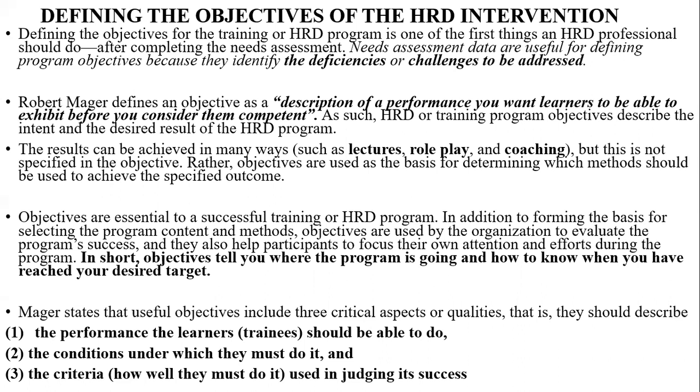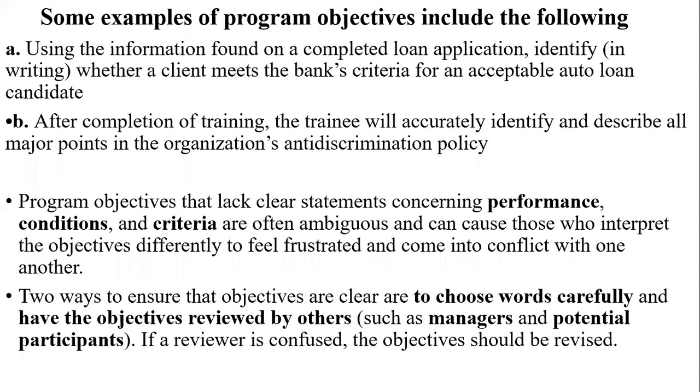One, they include the performance that the trainees are expected to exhibit, the conditions under which they must exhibit these performance attributes, and the criteria that will be used in judging the success or failure of this performance. Okay. So some examples of program objectives are as presented here.